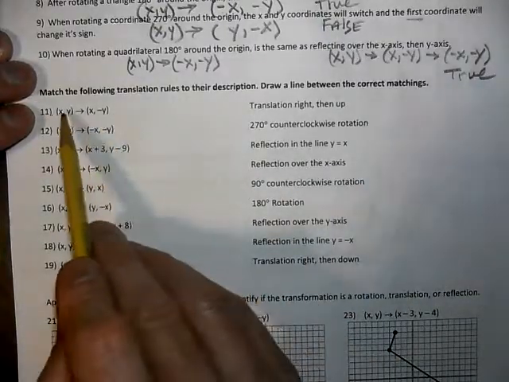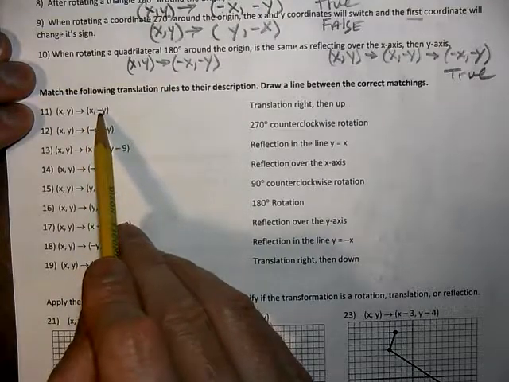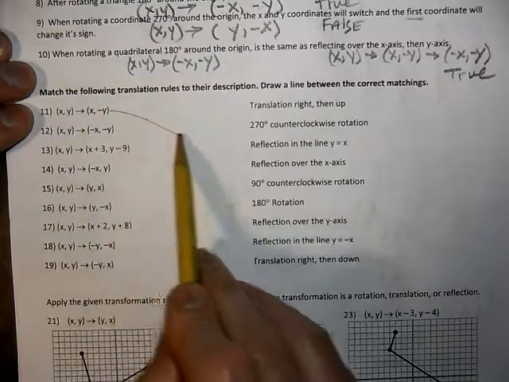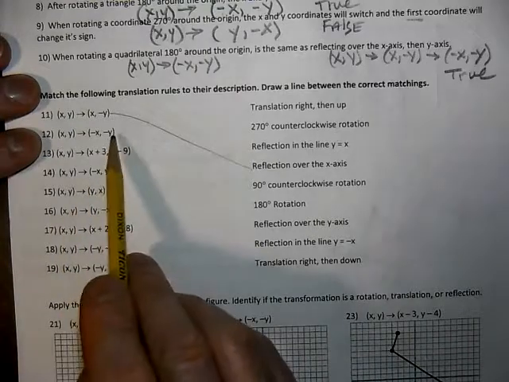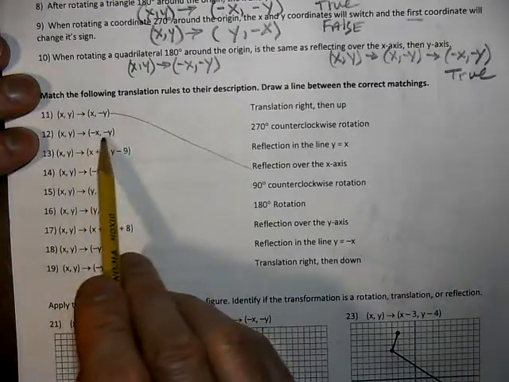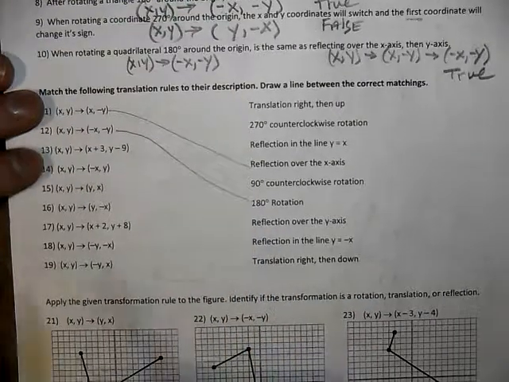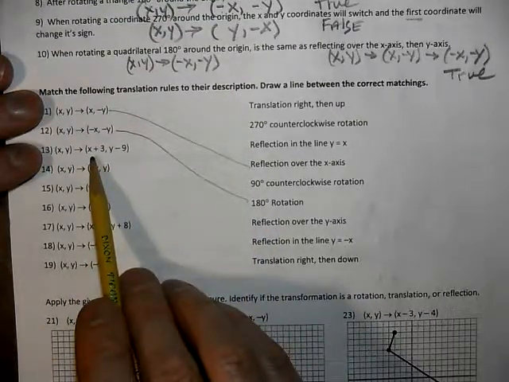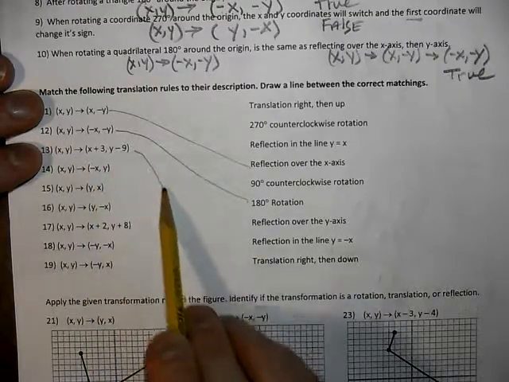So here we have the second value is negative, so it's a reflection over the x-axis. Here they're both negative, so that's a 180-degree rotation. Here we have a translation, 3 to the right and 9 down.